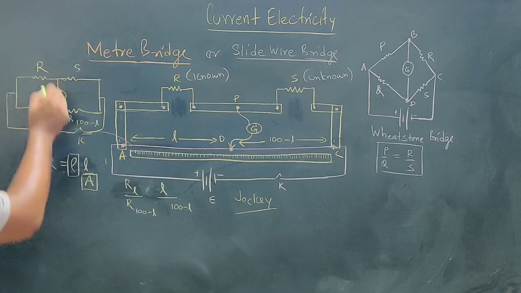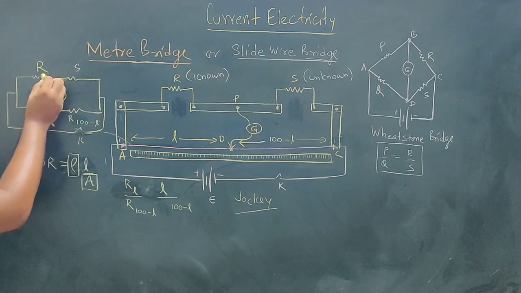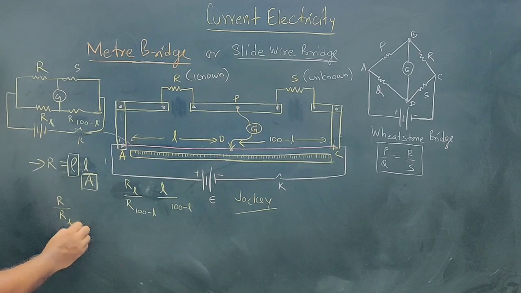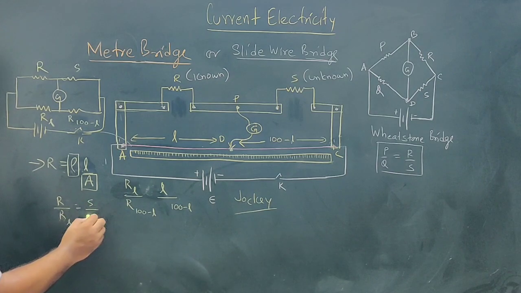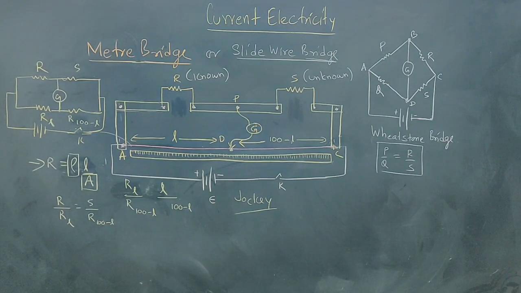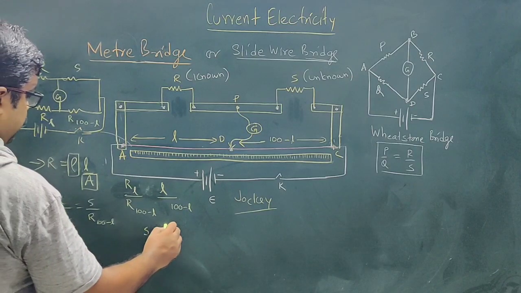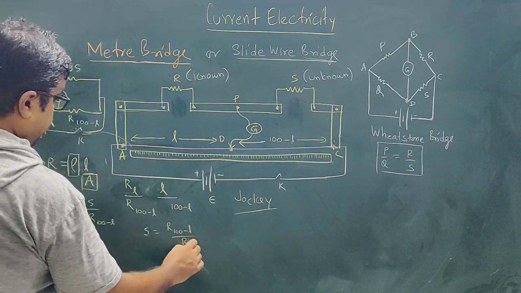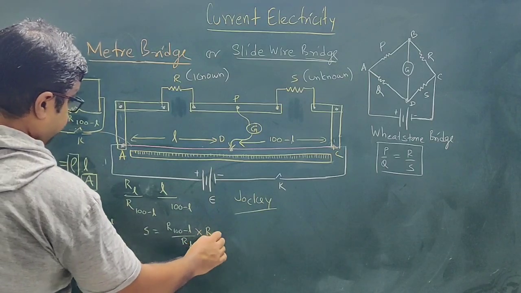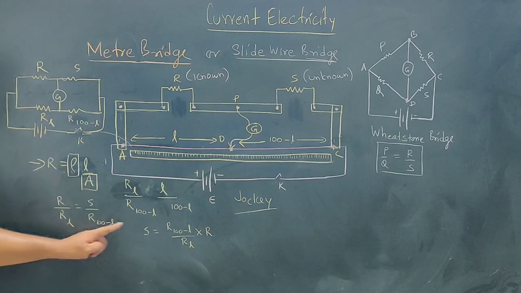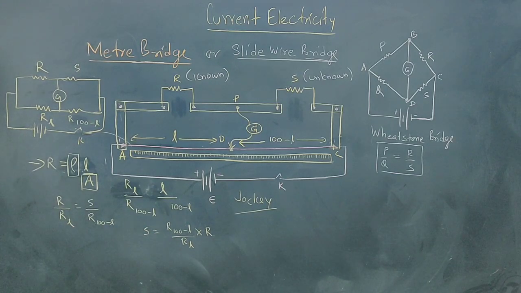If we use the Wheatstone bridge principle over here, R by RL is equal to S by R 100 minus L. Correct? So that implies S is equal to R 100 minus L by RL into R.